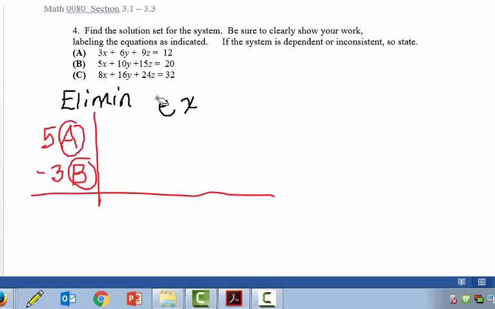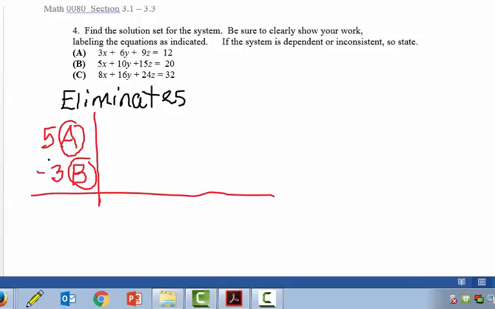Alright, so I'm going to multiply 5 times equation A and add to that negative 3 times equation B. And notice that what I'm doing is taking the coefficient of x in B and multiplying that by equation A, and vice versa.